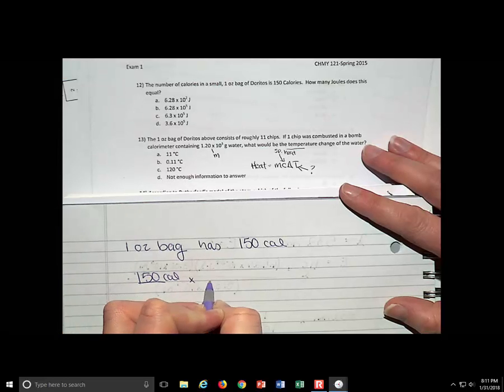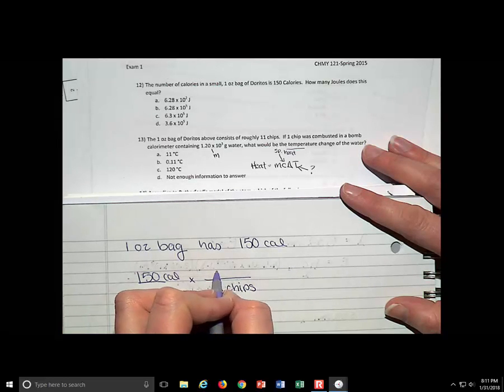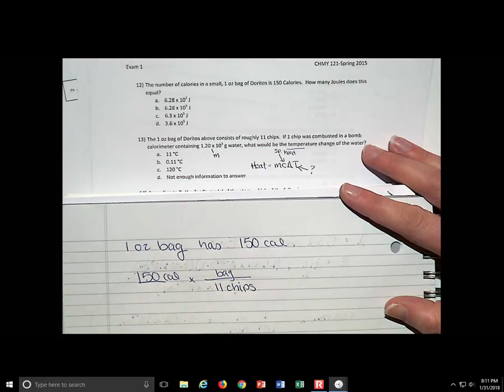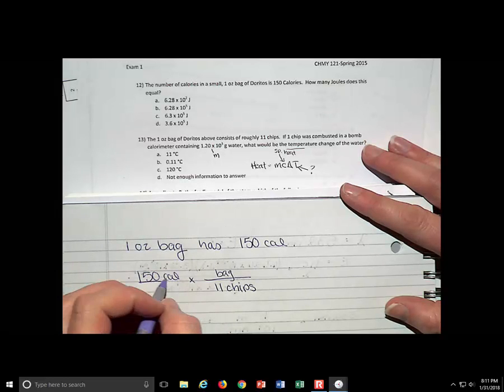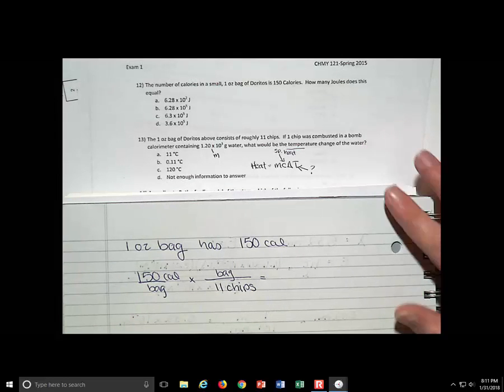So 150 calories, and there are 11 chips per bag. And what we're calculating is how many calories are in one chip. Good. 150 calories per bag. One bag has 11 chips. So there's going to be, yikes.